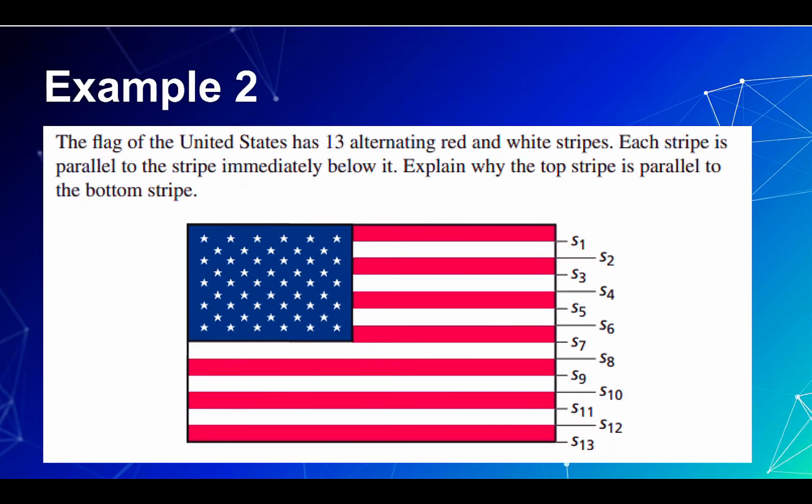Example 2. The flag of the United States has 13 alternating red and white stripes. Each stripe is parallel to the stripe immediately below it. Explain why the top stripe is parallel to the bottom stripe. So that's where we're going to use the transitive property of parallel lines. Each stripe is parallel to the stripe immediately below it. Let me find a color here that's going to highlight better.